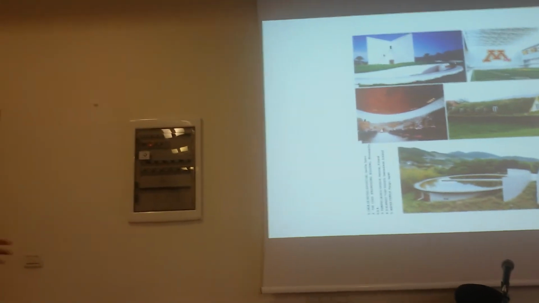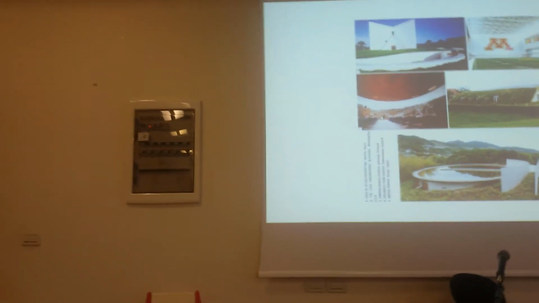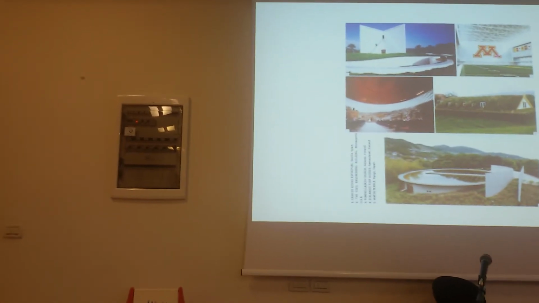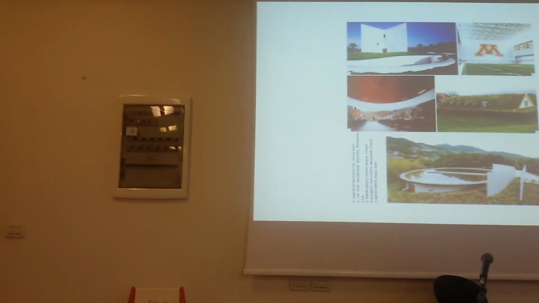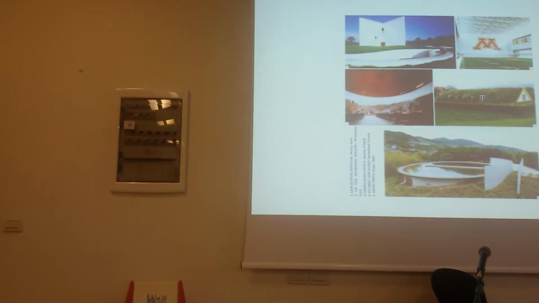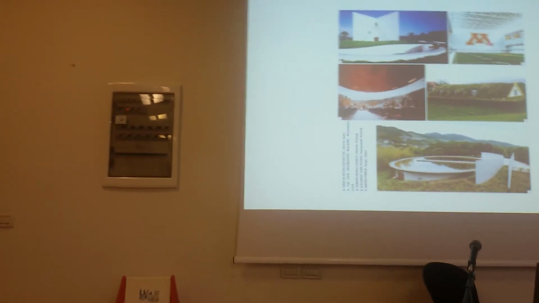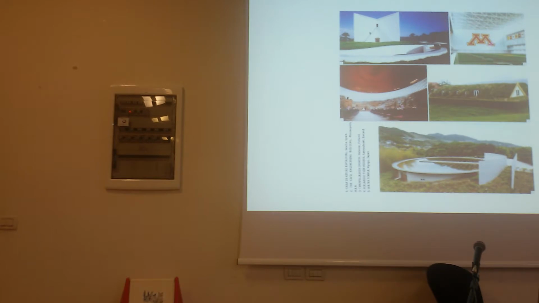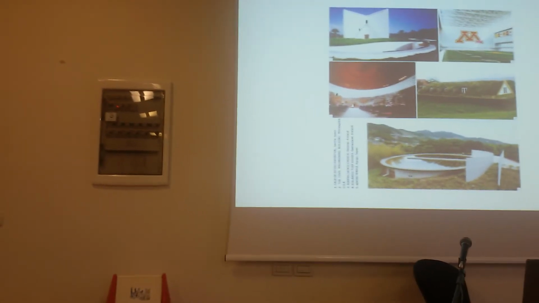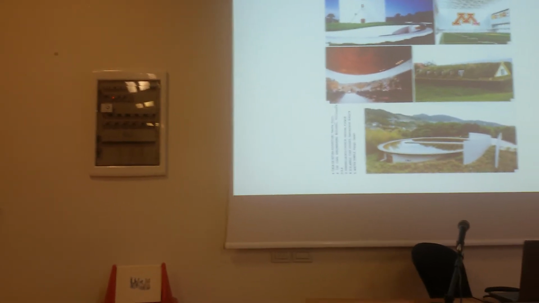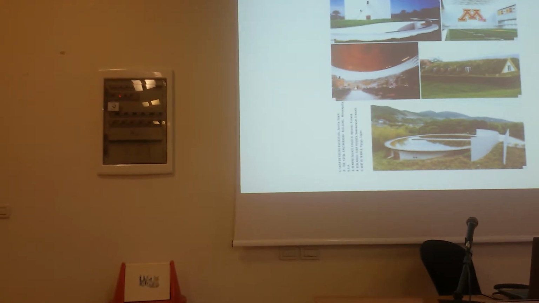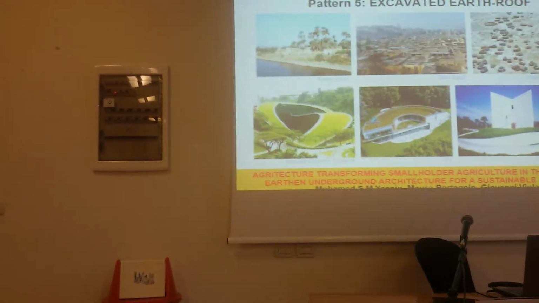Finally, there's no enlarged use of this pattern. In my opinion, this could really be an alternative for the future sustainable environment in the areas that are now under hurricane punch.